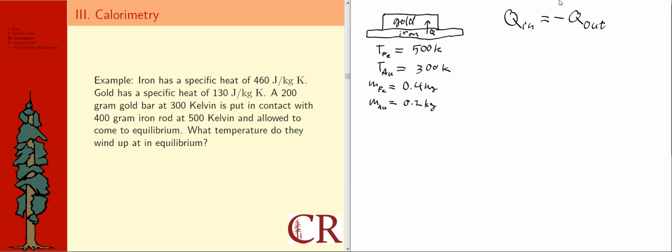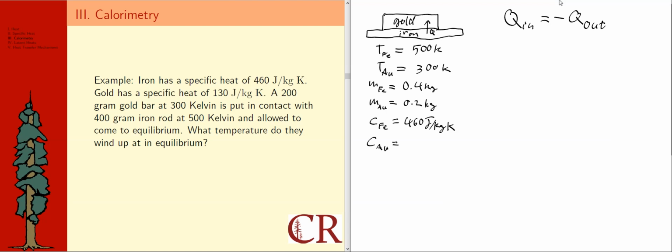And then we're given the specific heat. So I'm going to associate symbols with all of these in what I hope is a sensible way. The specific heat of iron is 460 joules per kilogram Kelvin. Now we're going to see that this, as a math problem, is maybe on the horrendous side. So I might want to drop some of these units. I've already standardized to kilograms for the two mass quantities.